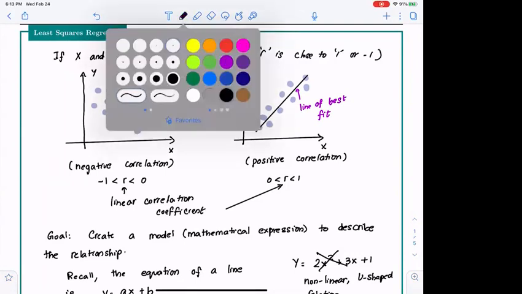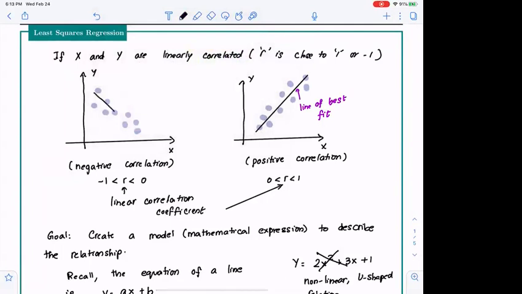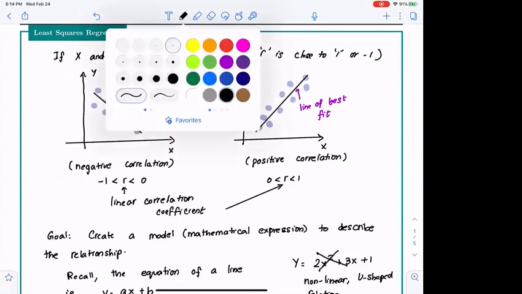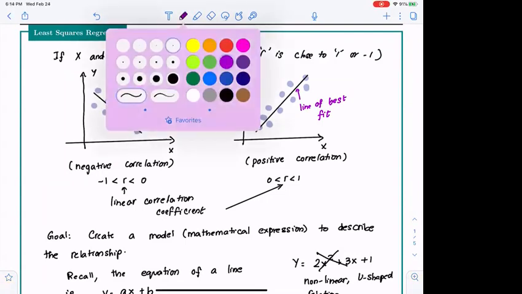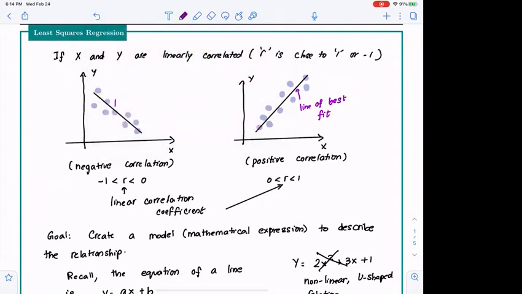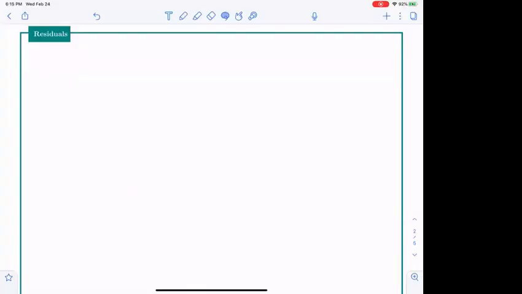So in the negative correlation case, a good line should be of that sort. So the nice thing here is you don't have to worry about which would be the line that's going to best represent the data. Whatever line that you get at the end of the least squares process is guaranteed to be the line of best fit for a given paired sample of x and y data points.